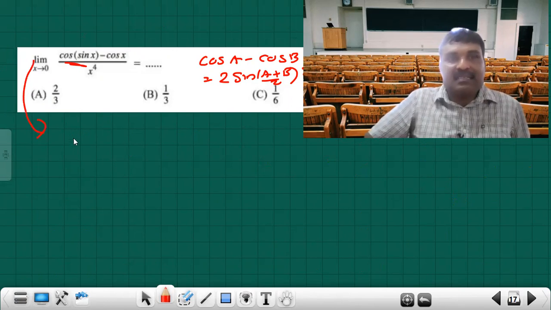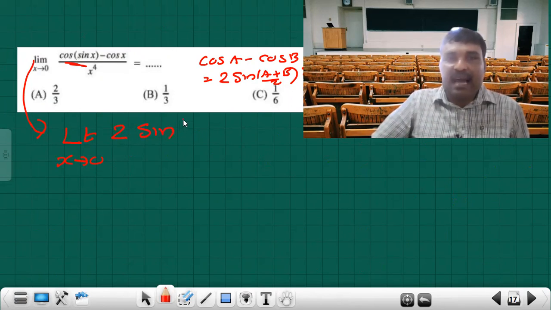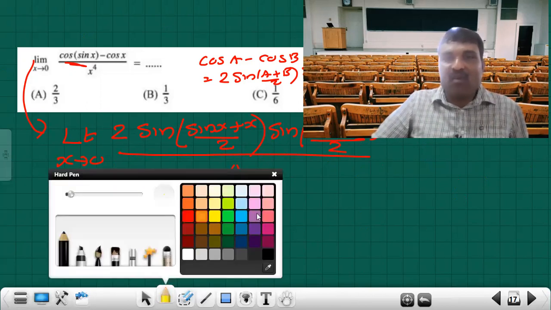So we can write this as limit x tends to 0 of 2 times sine of (sin x plus x) by 2 multiplied by sine of (x minus sin x) divided by 2, divided by x raised to 4. Now we can simplify this.